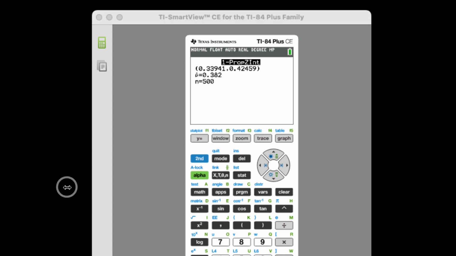What do you guys see? 0.339. Look at that. 0.339 less than P less than 0.425. And we get to say this with 95% confidence.